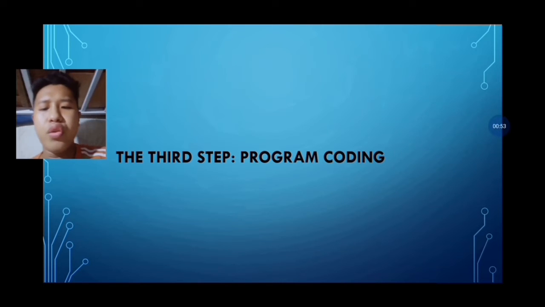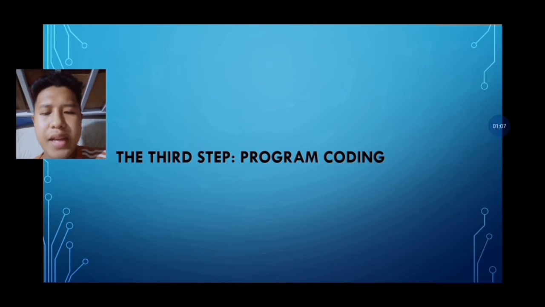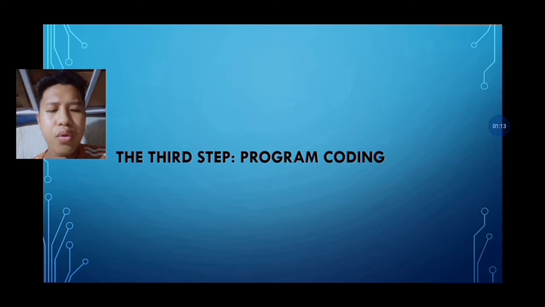Here are the steps in coding the program. Number 1. Select the appropriate programming language. A programming language such as C, Visual Basic, and Java is a language used to write instructions for the computer. Not all languages are appropriate for all uses.